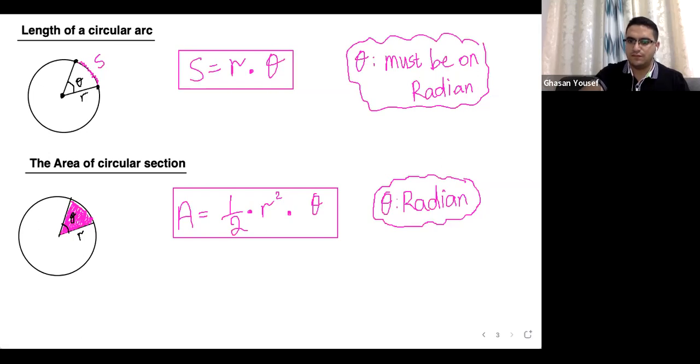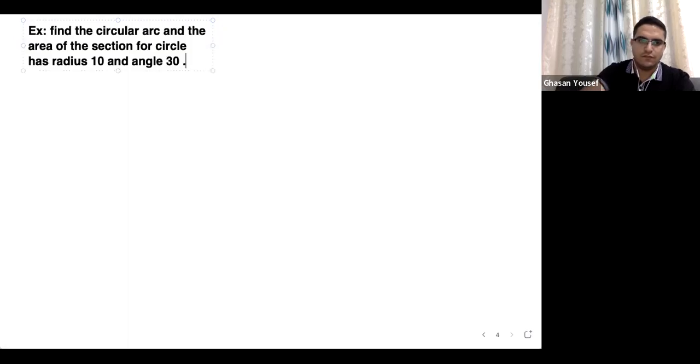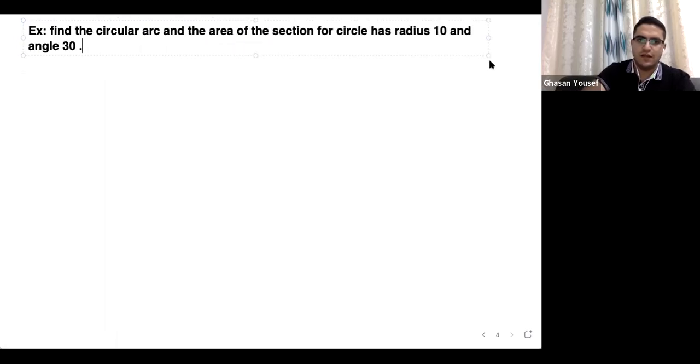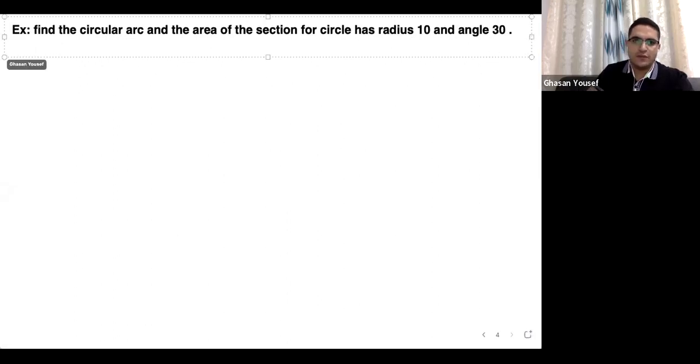So I'm going to give an example now. Find the circular arc length and the area of the section for a circle that has radius 10 and angle 30 degrees. Now, who will remind me what is the formula for the circular arc?